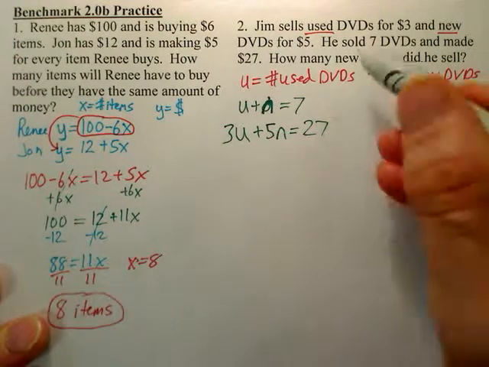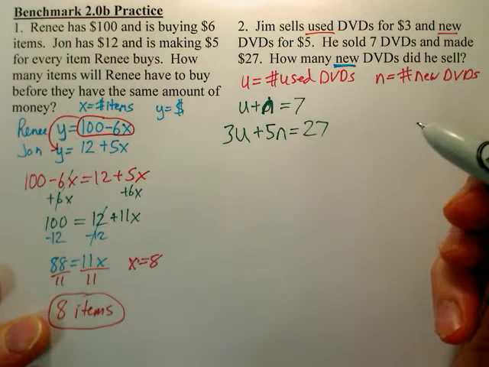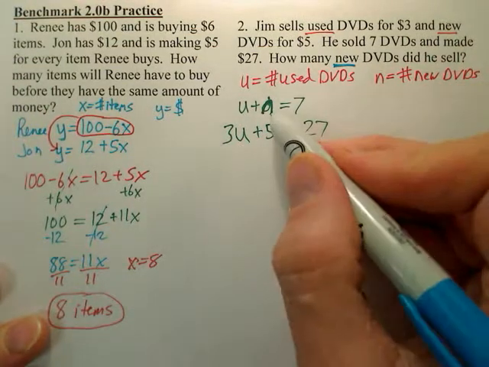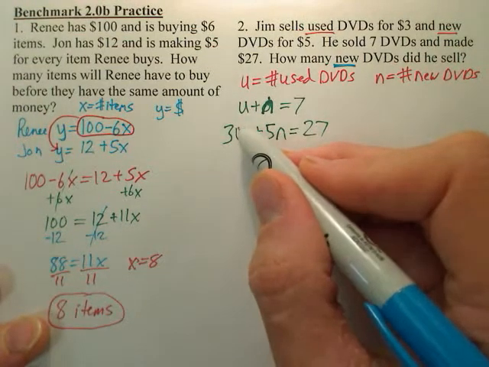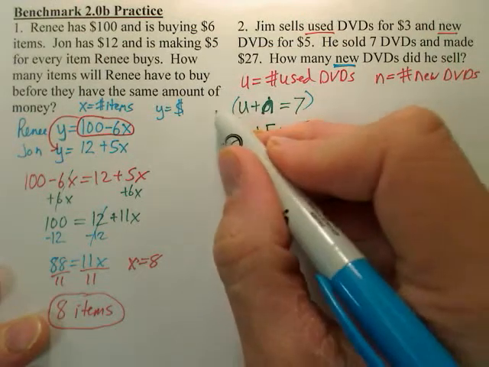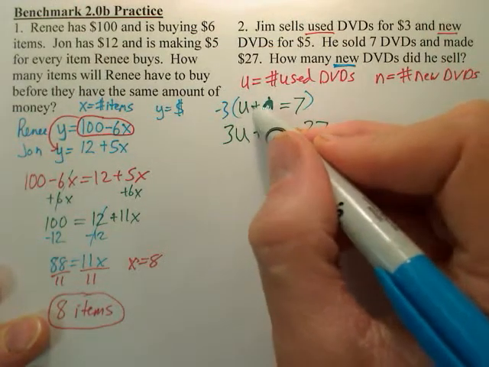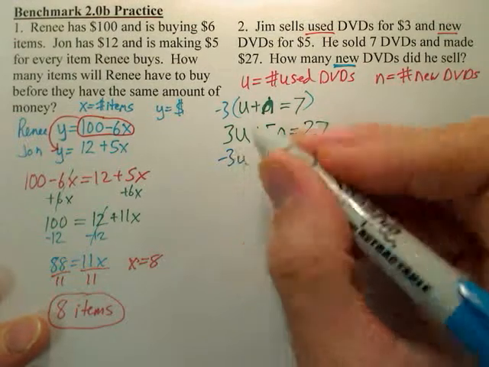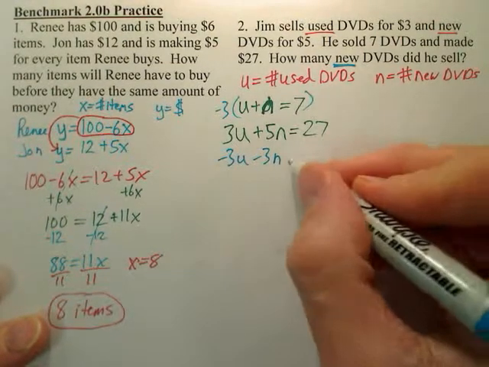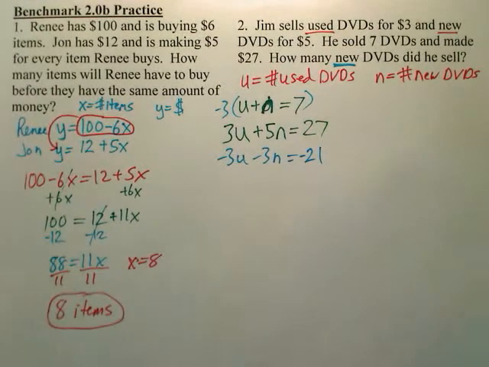Now, the question is asking for new DVDs. So am I asking for N or U? N. So if I want N, don't I want to cancel U? So to cancel U, if this is a 3U, don't I have to make this a negative 3U? So negative 3U, distribute negative 3N, distribute equals negative 21.